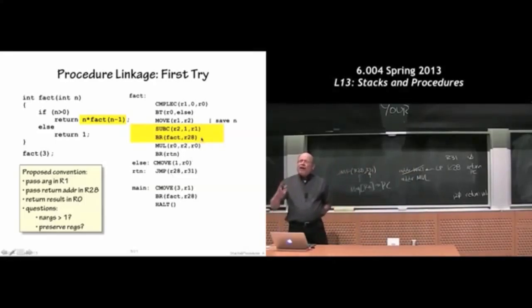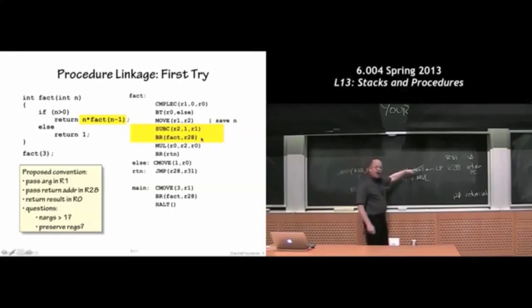We're all following our convention here, but now you can see there's some bogosities in our convention. What was the problem? The problem is that we've reused R28 in the middle of the procedure, and in so doing, we wiped out where we're supposed to return to. Right, so that's one thing.